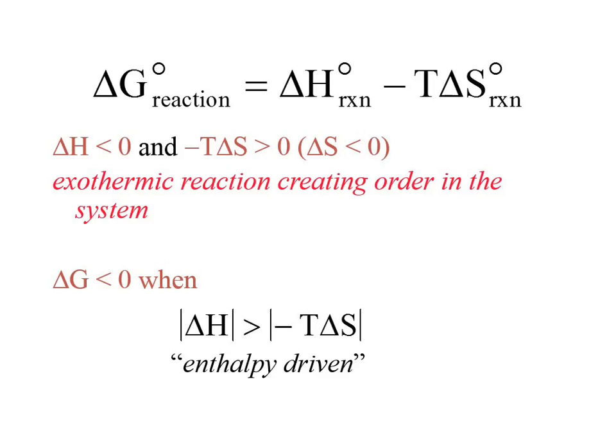So if your Gibbs free energy is negative, if it's spontaneous as written, then we say it's actually driven by the enthalpy term, so it's enthalpy driven. So with this one, you will not always have a negative delta G.